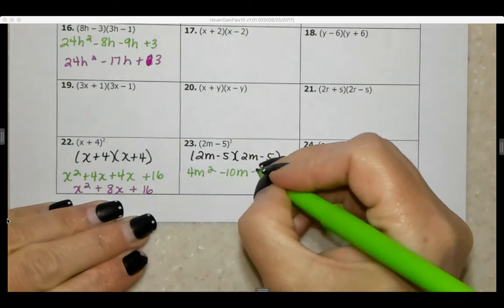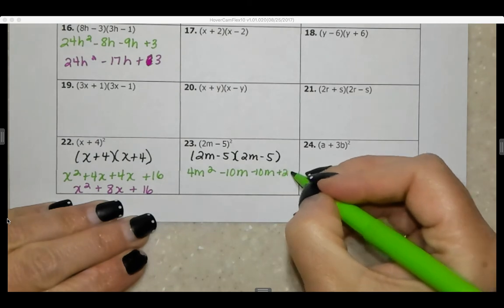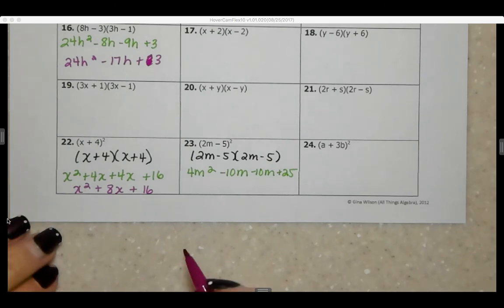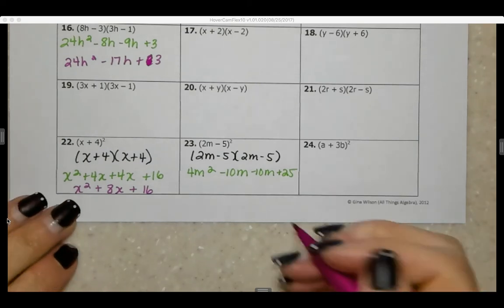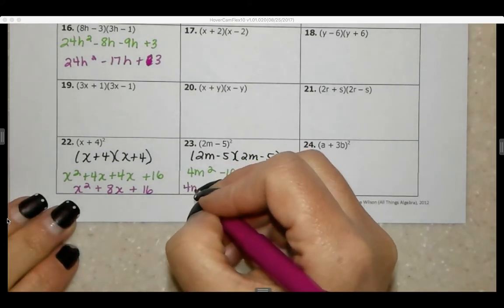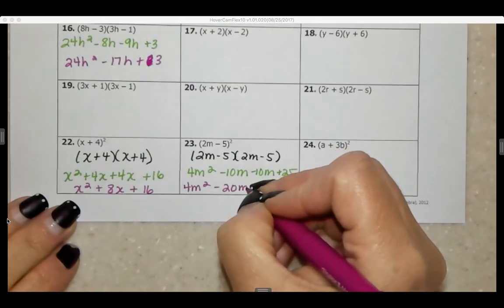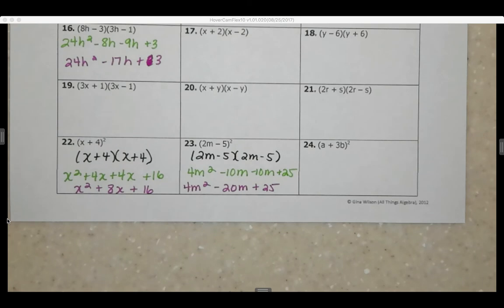Inner. Last. So obviously when there are negatives involved, you really need to pay attention to, are you multiplying 2 negatives to make a positive? Or are you multiplying 1 negative and 1 positive, which would make a negative? Gotta watch those signs. Combining these 2 middle terms, bringing along that last piece, and there we go with our final answer.